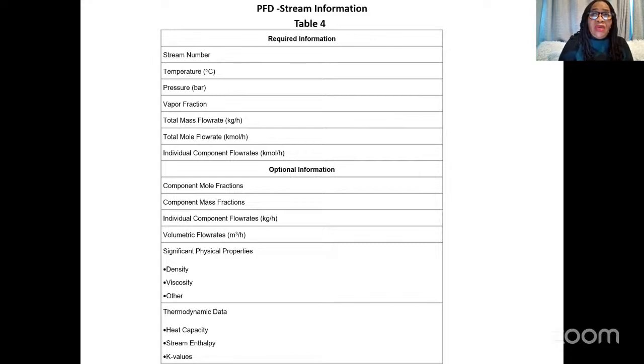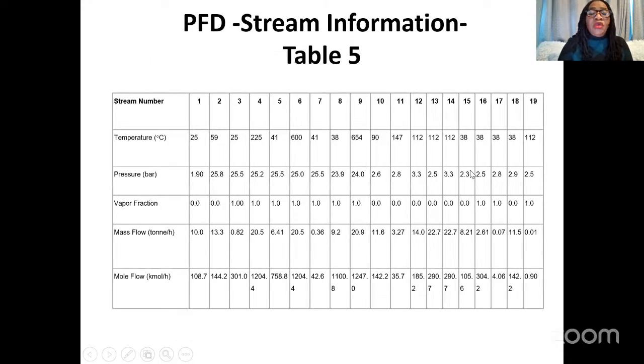We're going to do that any moment now: solve problems of the mass flow, the total mole flow rate, and individual component flow rates. You have other optional information that you might need, as shown here. So now we have this table 5. We're going to use table 5 and figure 1, and we're going to solve some problems any moment now.